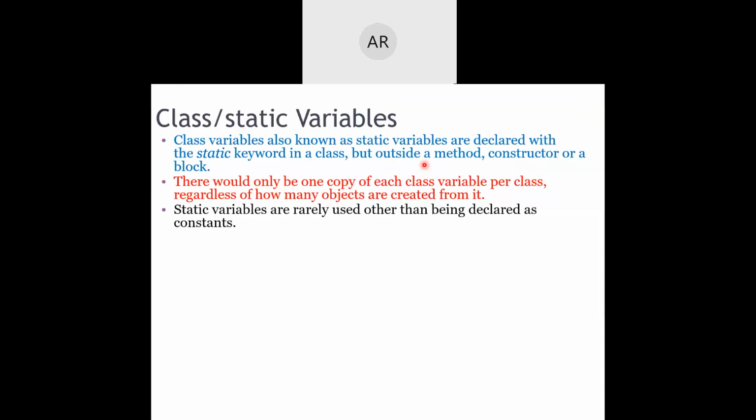Suppose by mistake one object has changed the value. Should it impact all n minus 1 objects? No, right? That's why we always prefer constants, which can never change, to be declared as static. We always prefer static variables to be of type constant.